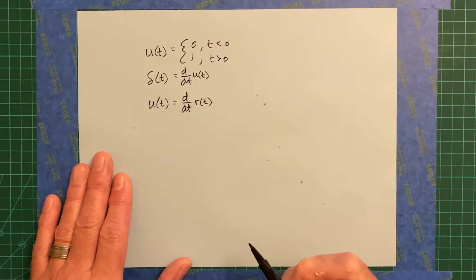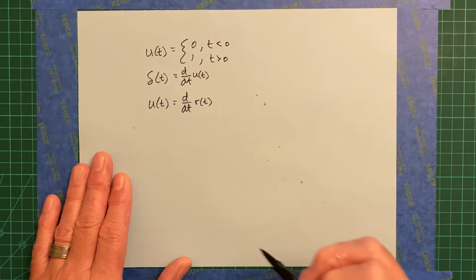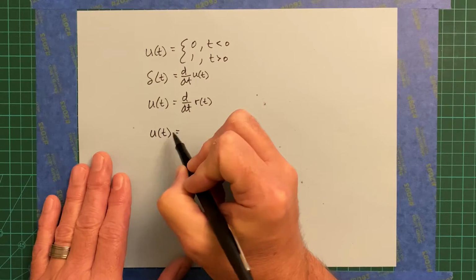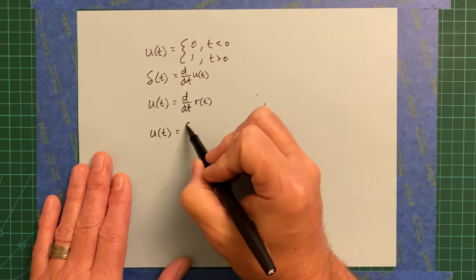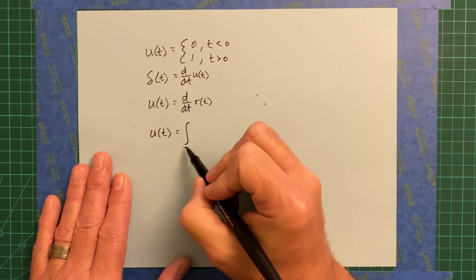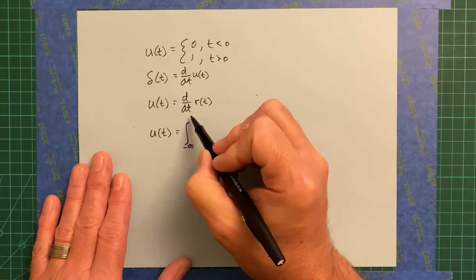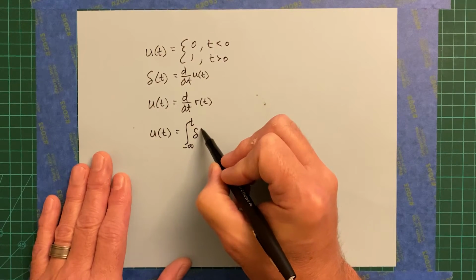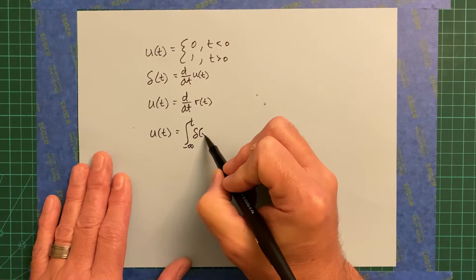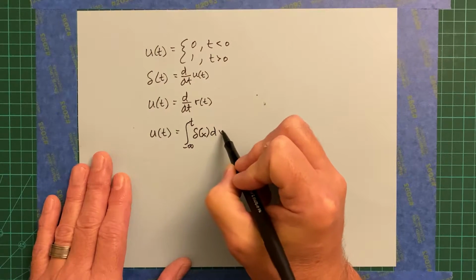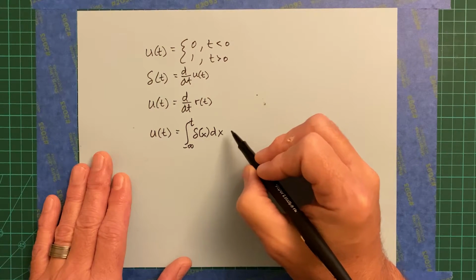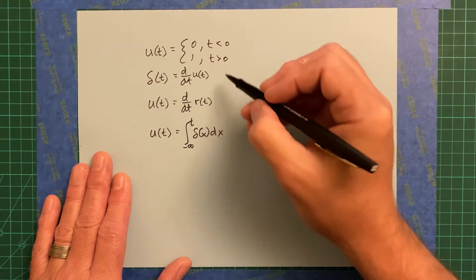That's the relationship between those two. And we could say this, that u(t) is equal to the integral from negative infinity to time t of delta of some variable, let's say delta(x) dx. Okay, this one can be derived from this one.